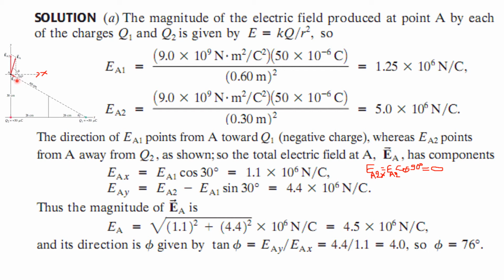Sine because we project EA1 in a direction where the angle is not given. Then this has a magnitude 4.4 times 10 to the power 6.